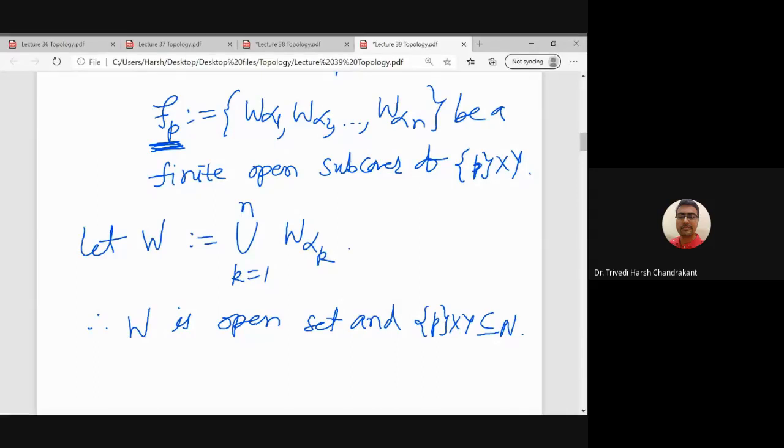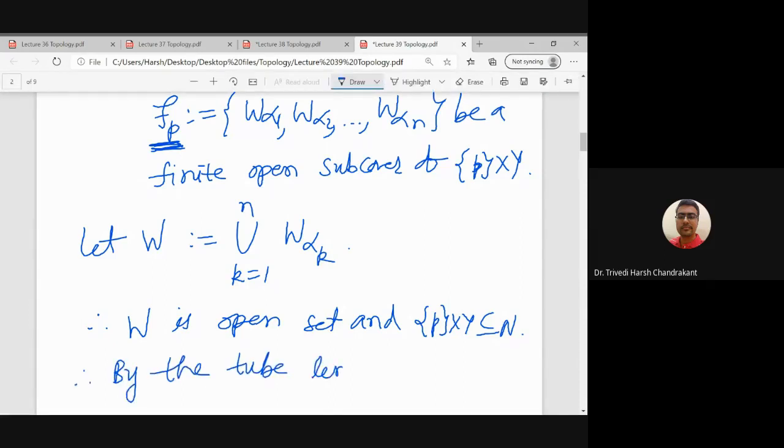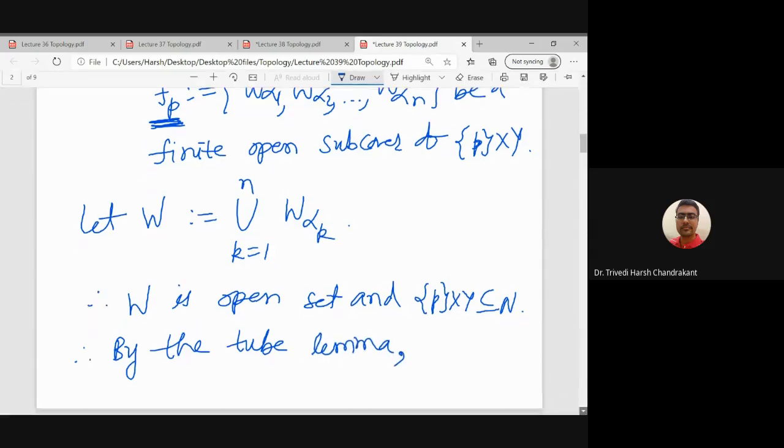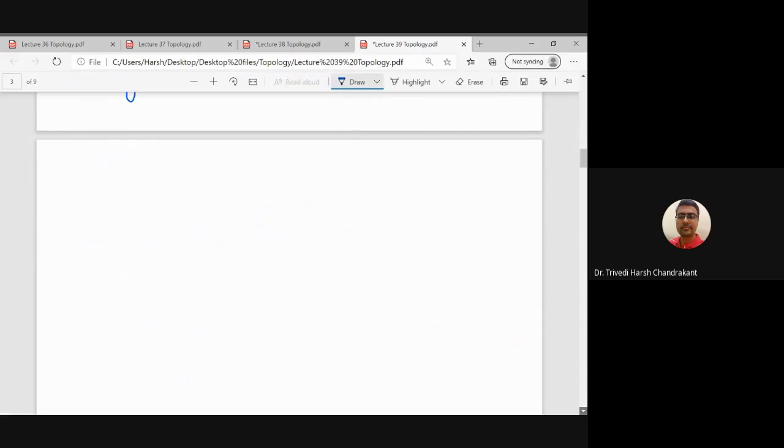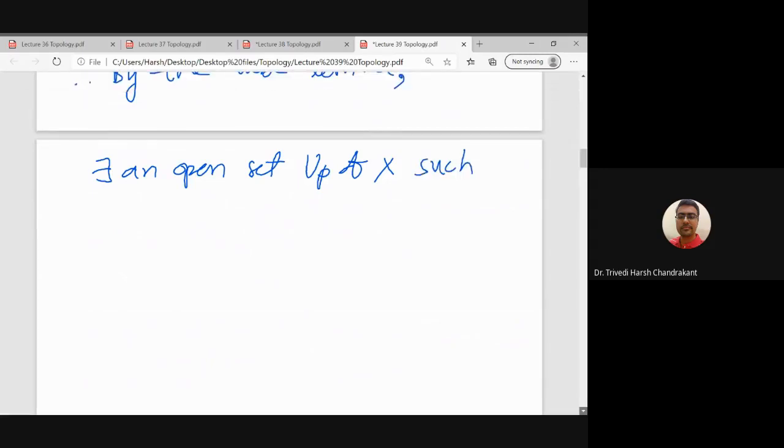So by the tube lemma, which we proved in the last lecture, we get that there exists an open set, say UP of X, such that UP cross Y is a subset of W. So in the tube lemma we are getting a set U, but I'm denoting the set here by UP because it actually depends on the point P which we are choosing, right?